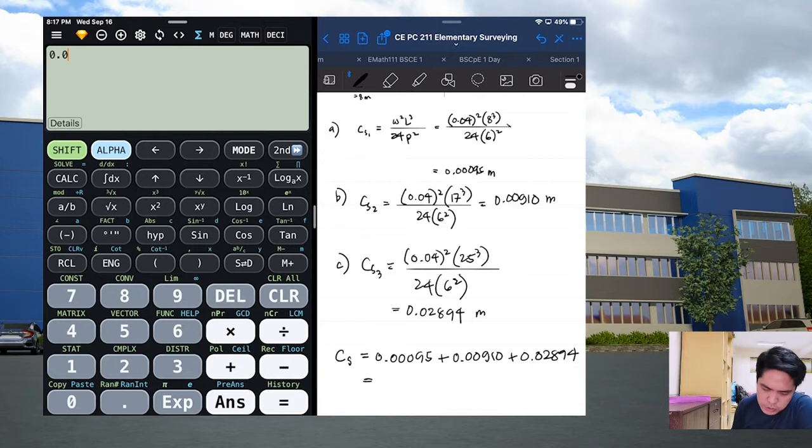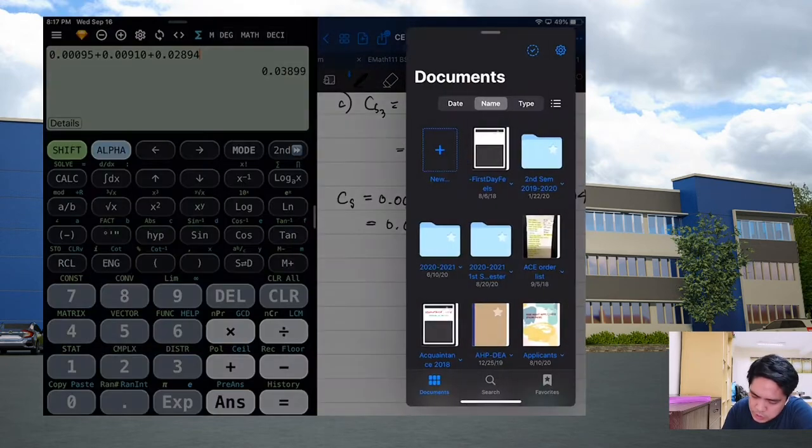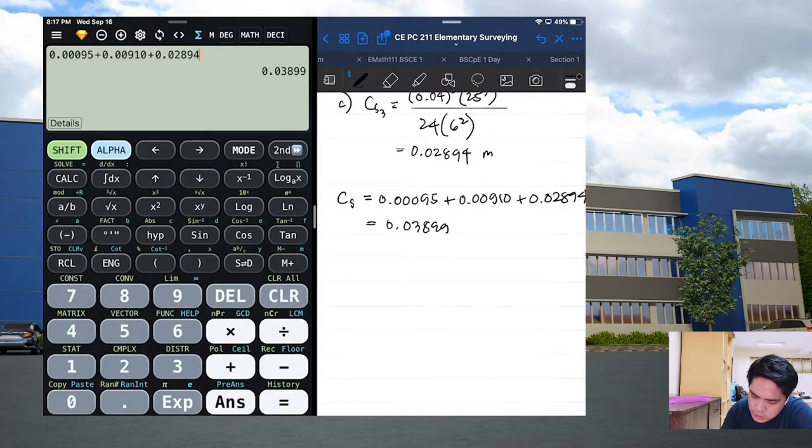So the answer is 0.03899, or kung up to millimeter lang yung unit natin, up to millimeter, that means 3 decimal places, that's 0.039 meters. So that is the total correction to sag.